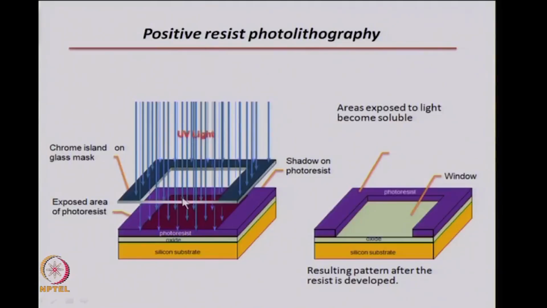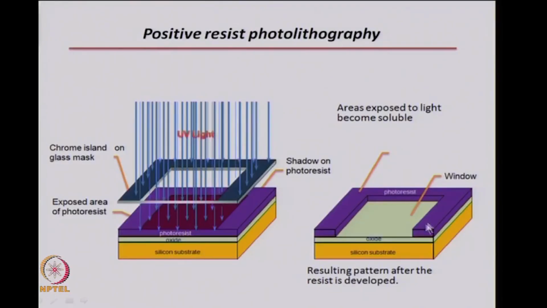So, wherever the light is falling, if the resist gets dissolved, those areas that are exposed to light become soluble, then this kind of resist is called a positive photoresist. Ultimately, you will get a structure like this, where the resist which was here is no more there, because it has been exposed to light and got dissolved, and only this part where no light was coming, because there was a mask on top, still remains.